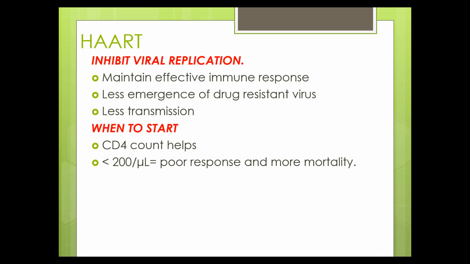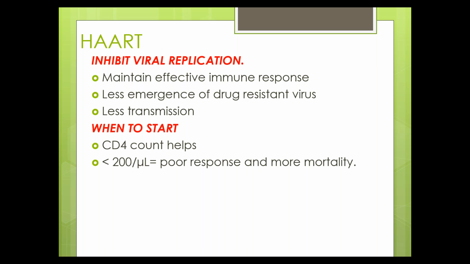We are inhibiting the viral replication and thereby preventing the transmission of the disease from one human being to another. One more thing: this therapy should be highly active, meaning we are giving drugs which act at different sites of viral replication.